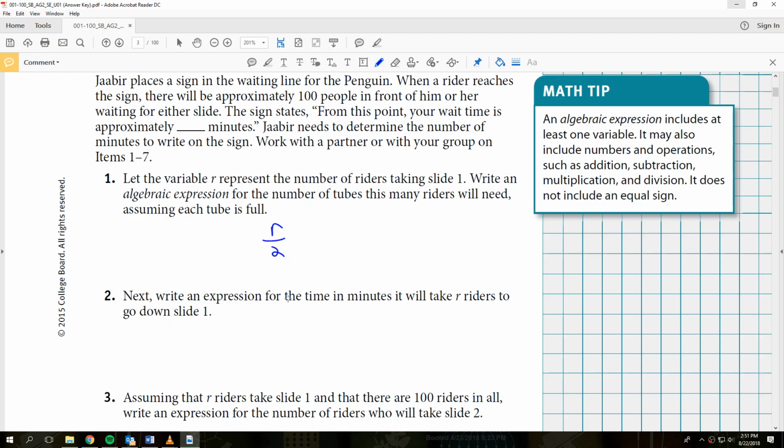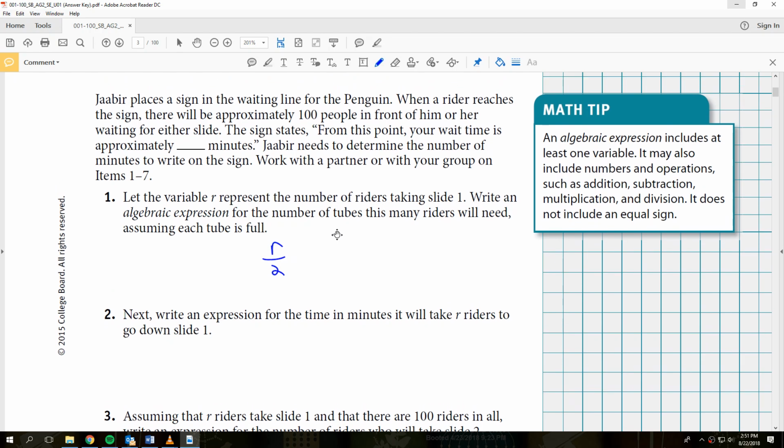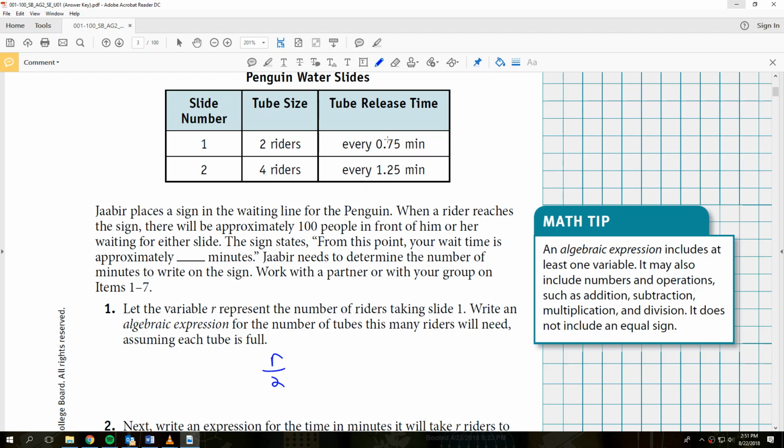All right, so next we're going to write an expression for the time in minutes it will take R riders to go down slide 1. Again, I'm going to use the example 50. If there were 50 people going two at a time, that would be 25 tubes. And how much time does it take for each slide? We have that information right here, which is 0.75 minutes. So it would be 50 divided by 2, which is 25, times 0.75 minutes.